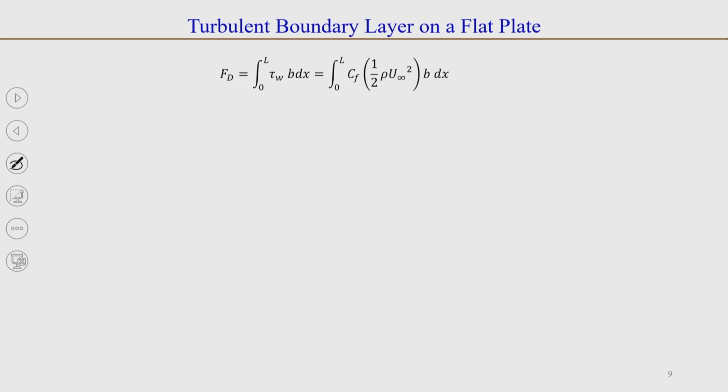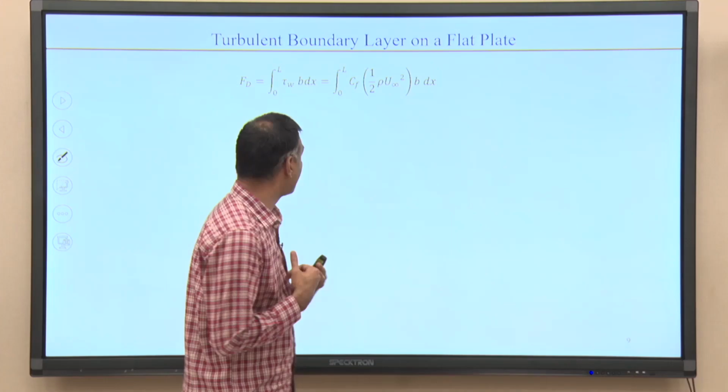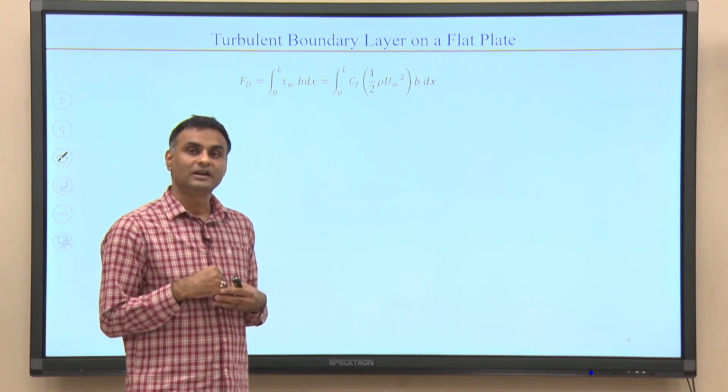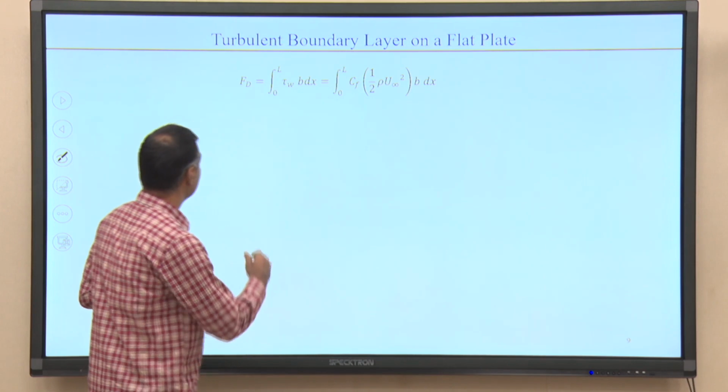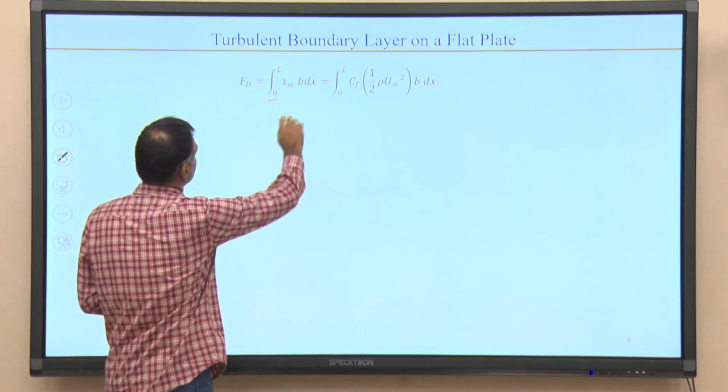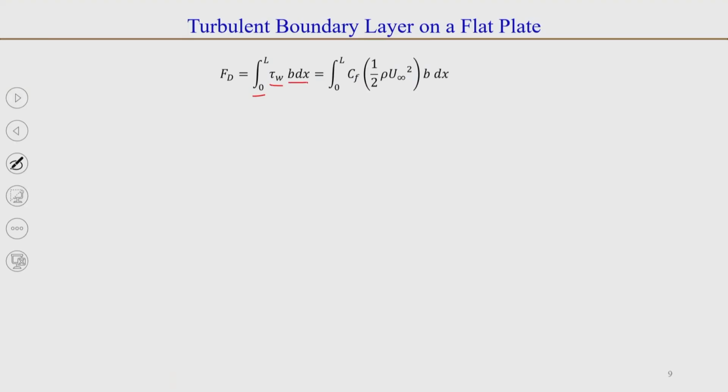We could also calculate what is the drag on a flat plate, let us say where the turbulent boundary layer starts from x is equal to 0 itself. So, that will be the integral of tau w into b dx, where b is the plate width normal to the screen.